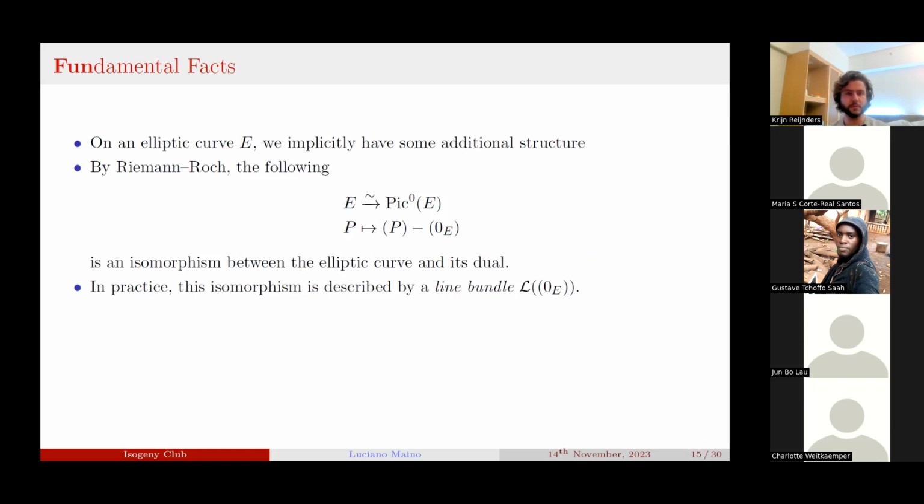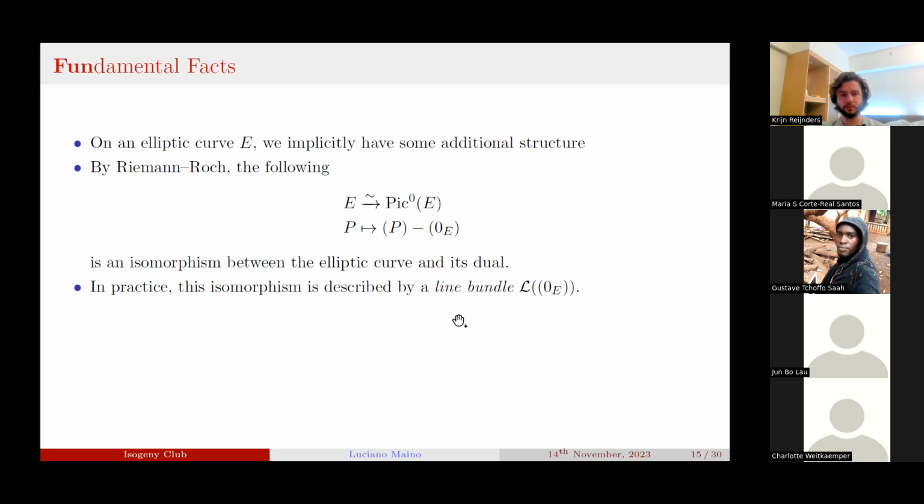When I say Pic zero of E, I'm referring to the group of all equivalence classes of divisors of degree zero modulo the principal divisors. So what's fundamental here is that we have an isomorphism between E and its dual. In practice, this isomorphism is described by a line bundle, and this line bundle is associated with a specific divisor, and this divisor is exactly the divisor given by the point at infinity.